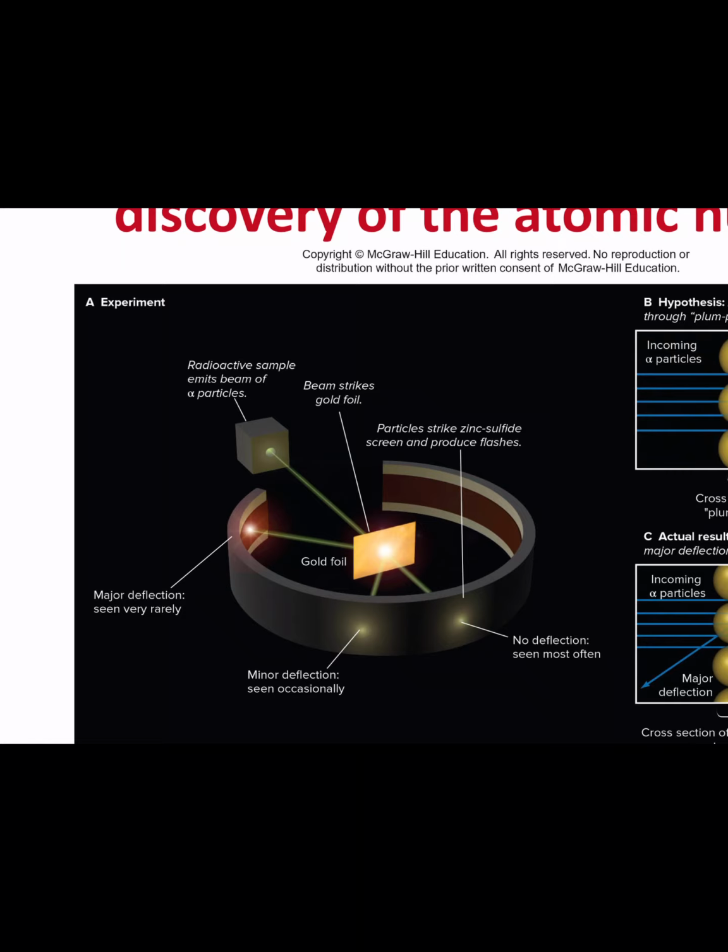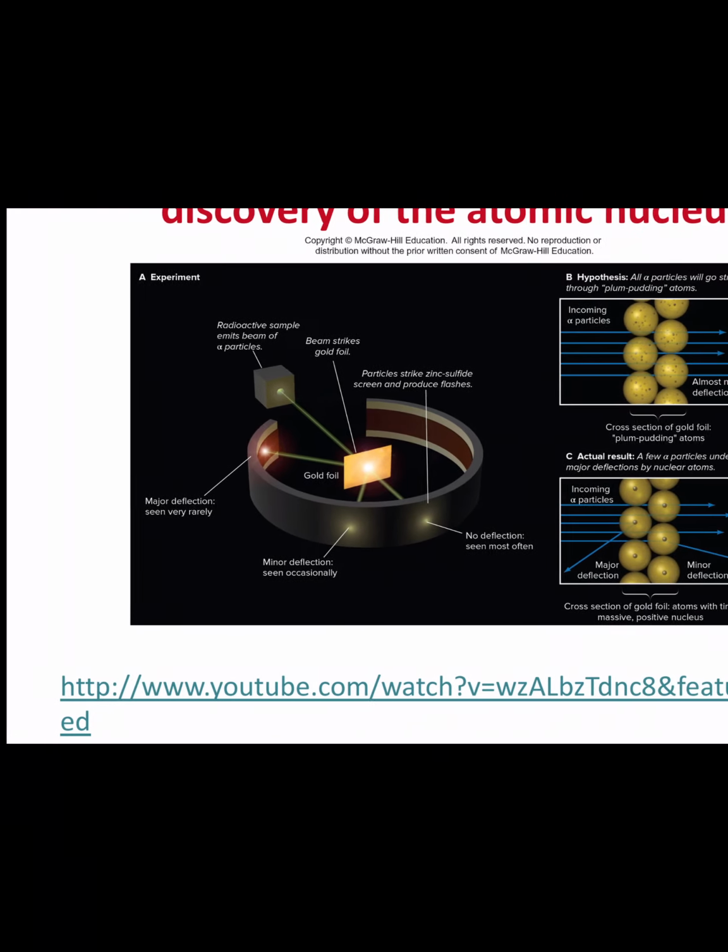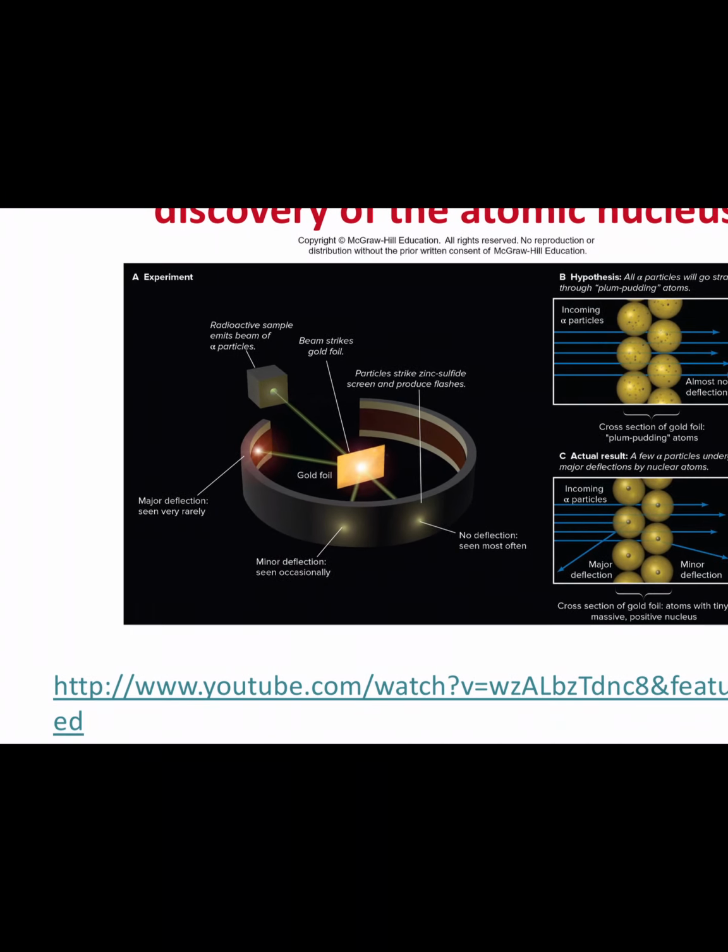A particle strikes the zinc sulfide screen and produces flashes, with no deflection seen most often and minor deflection seen occasionally. That helped to find where the nucleus is located, where the positive charges are located, and how far the electrons are from the nucleus.